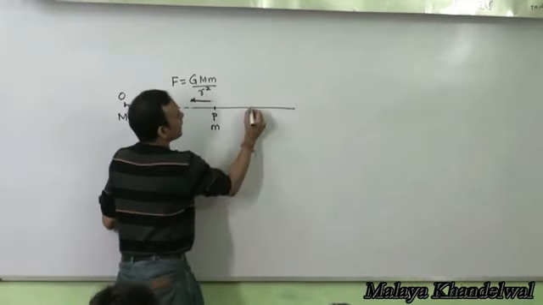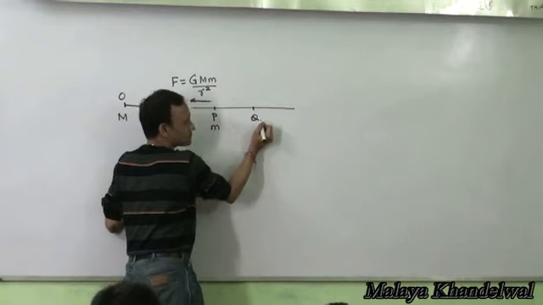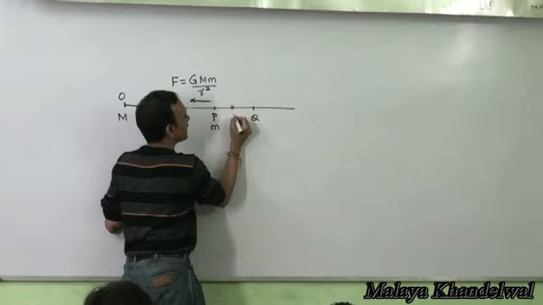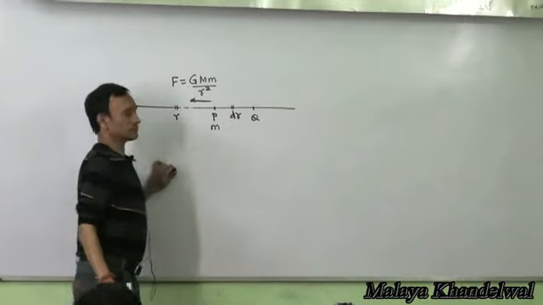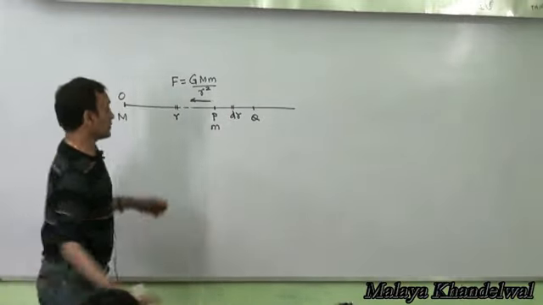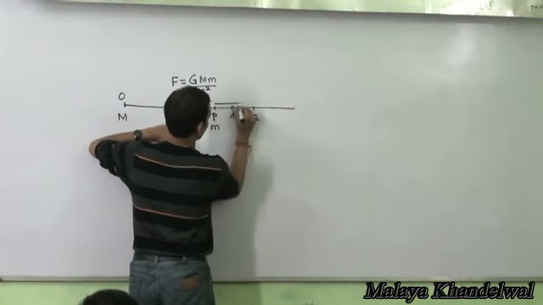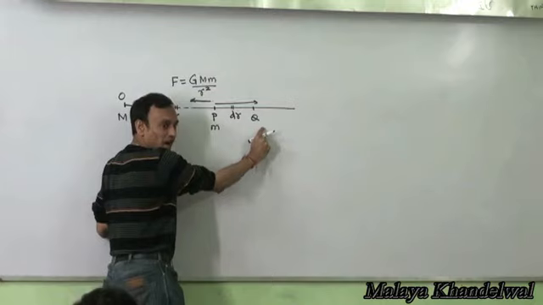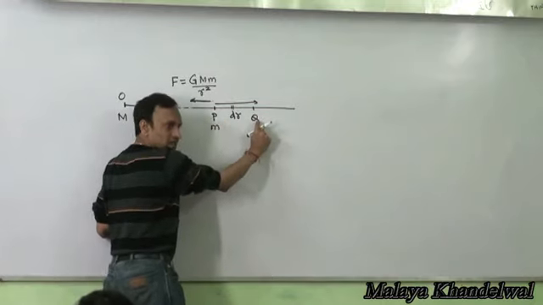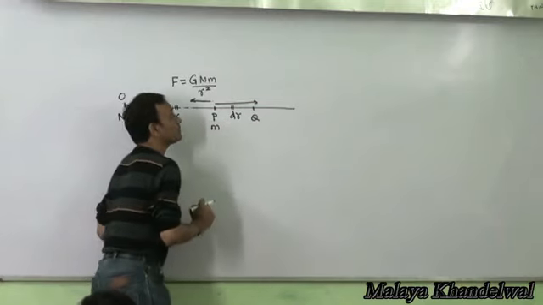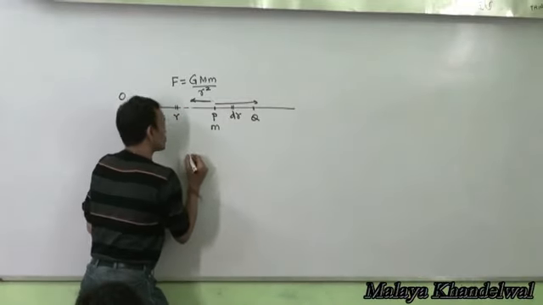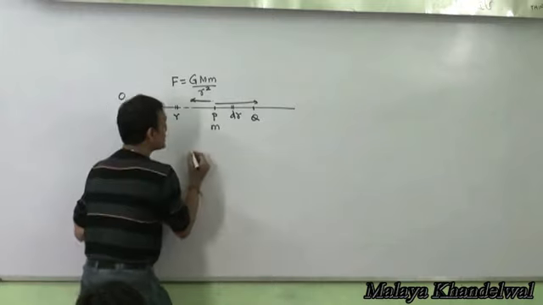Now, if the particle moves to a nearby point Q, which is at r plus dr, that means the particle goes from r equal to r to r equal to r plus dr, then what would be the work done by this force, that is, the work done by the field?